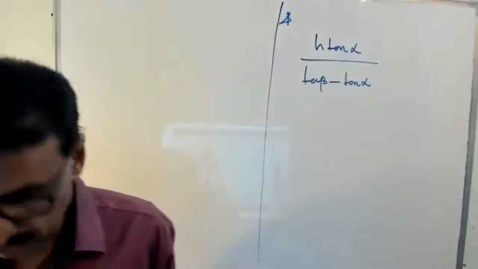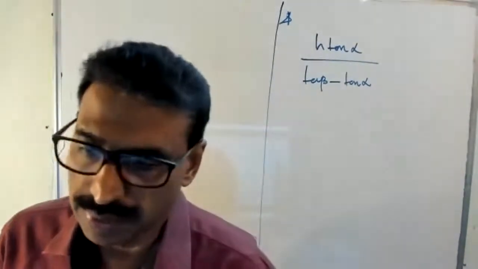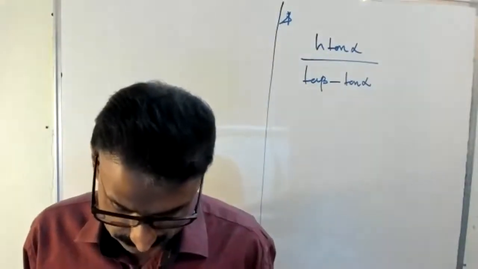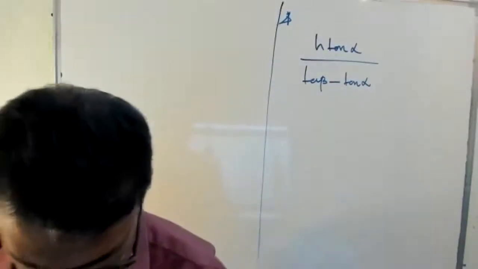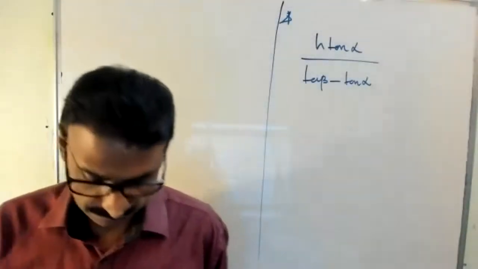A vertical tower stands on a horizontal plane and is surmounted by a vertical flagstaff of height h, small h.